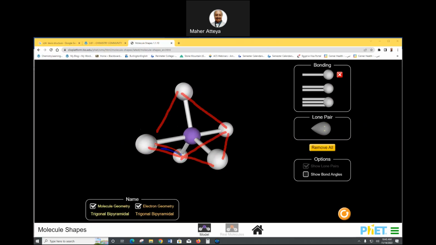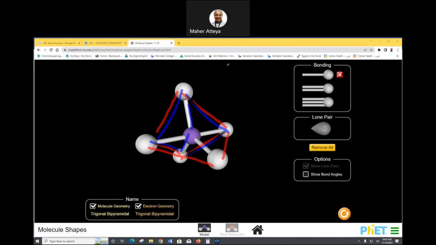So this is two pyramids together, so bipyramidal. So again, if you see, there is no lone pair, correct?